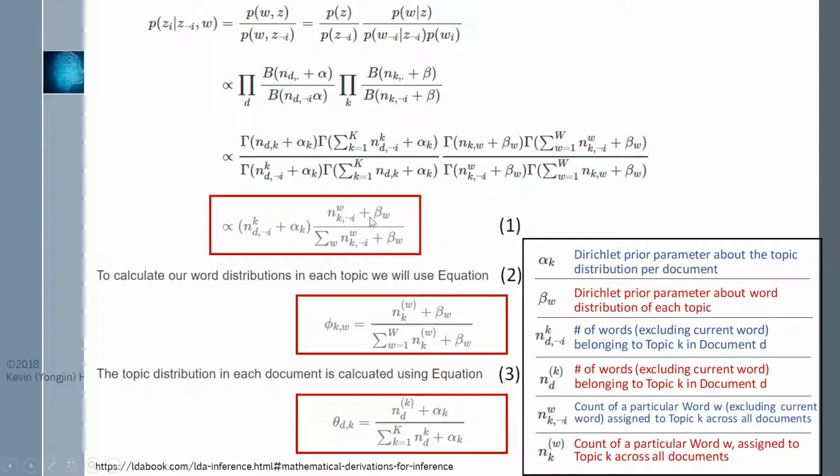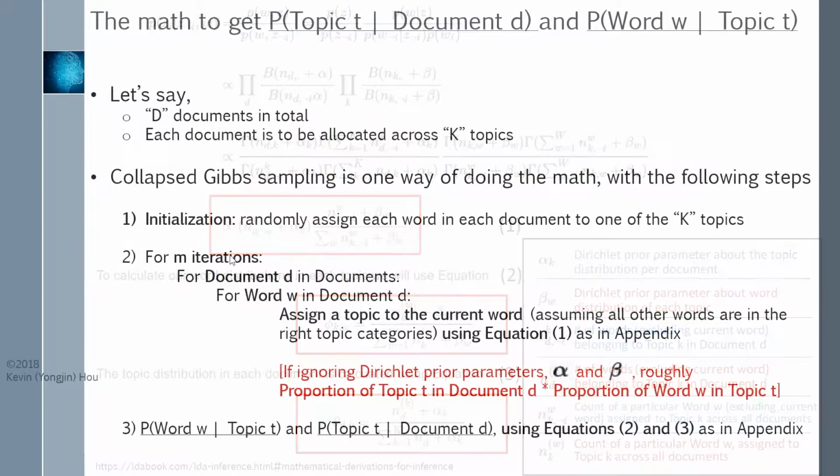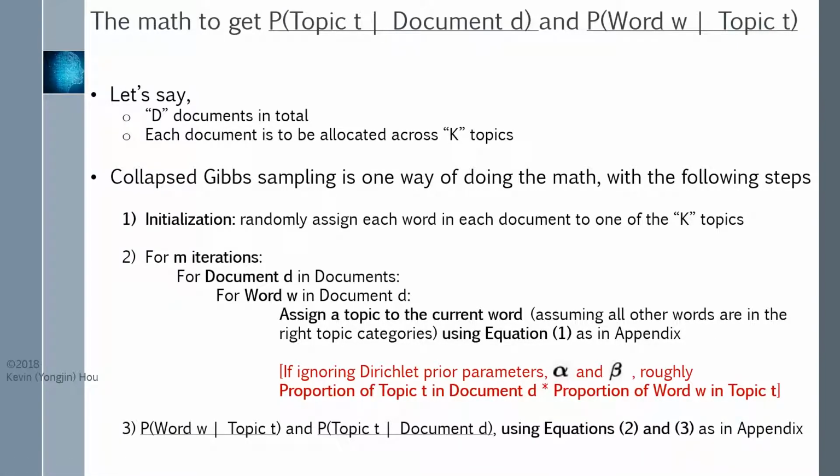So this is the intuition, even though the whole thing looks pretty complex. And we're doing the update of each individual word in each individual document for many, many iterations. As we mentioned, eventually it will become stable, then we stop there. So that's how we do the category assignment for words in the model training process.